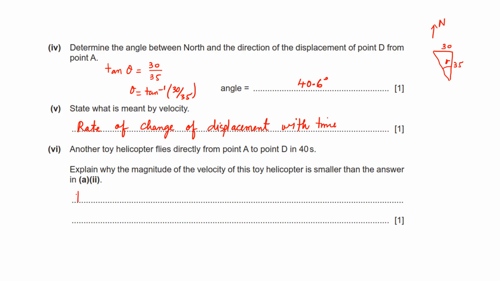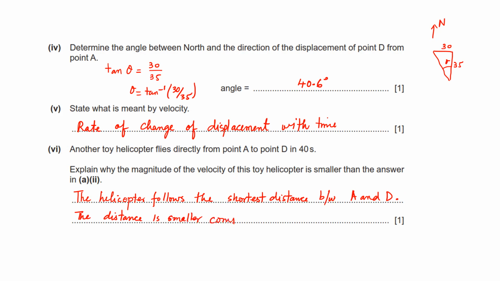So the helicopter follows the shortest distance between A and D. The distance is smaller compared to the distance in the result of part 2.